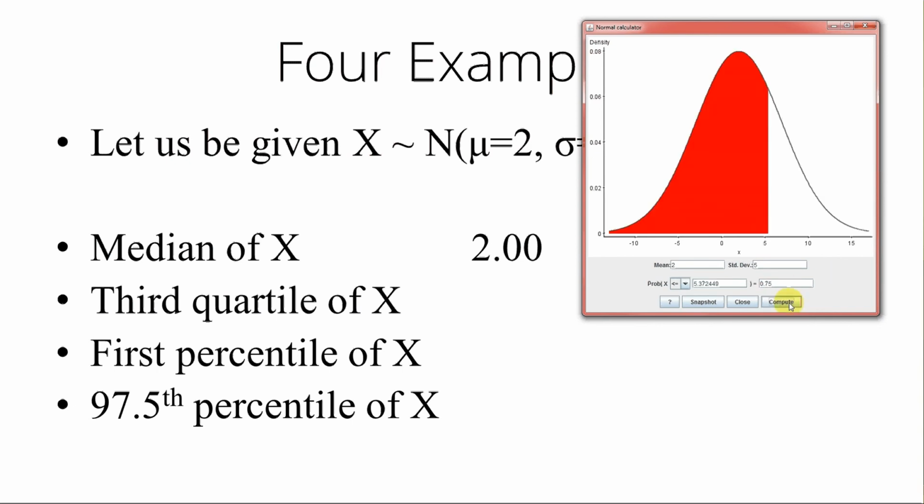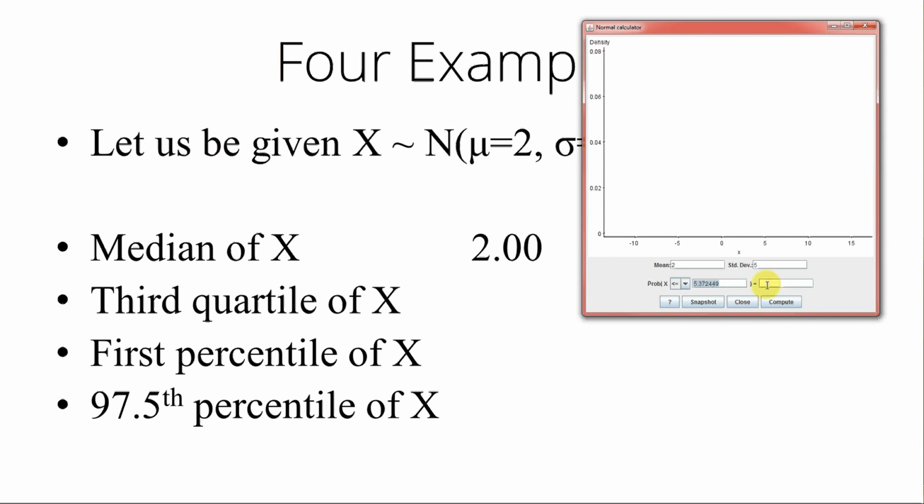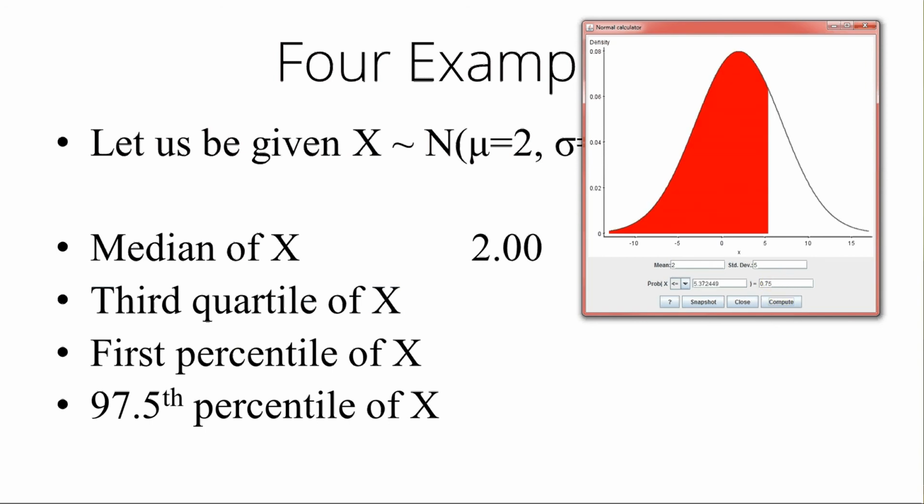We're going to compute, and we find out that the third quartile of x is 5.37. If we want all the decimal places, it's 5.3724449, but usually the x values or the quantiles are going to be rounded to 2 decimal places.